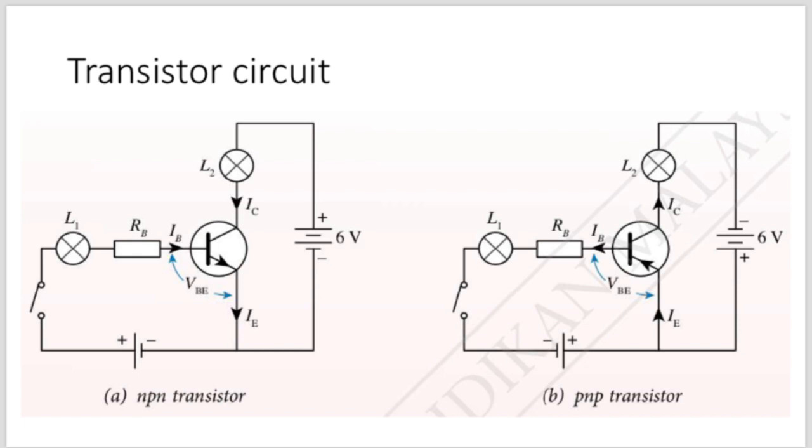There's one circuit that basically controls the current flowing through the base. And there's another circuit that is going through the collector, right? And by the way, both base and collector flow through the emitter side. All right.